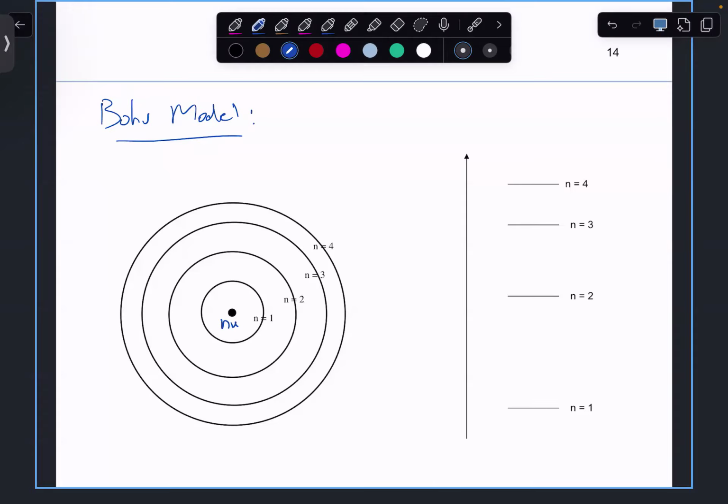And then you've got the n equals 1, 2, 3, 4, almost like a solar system type thing. Those n equals 1, 2, 3, 4 are what are known as the principal electronic shells.